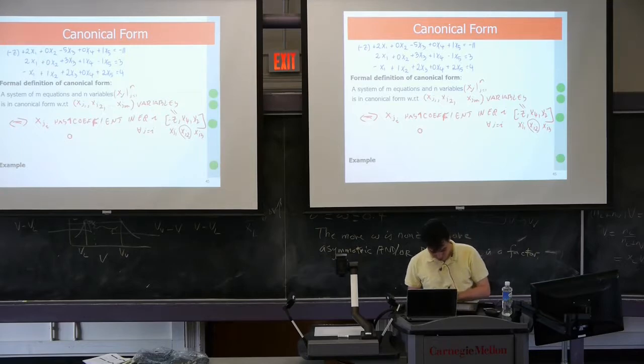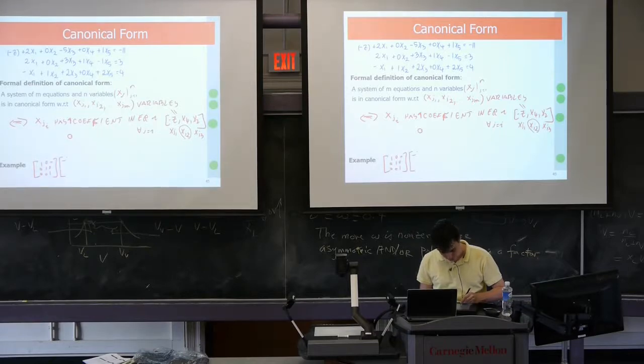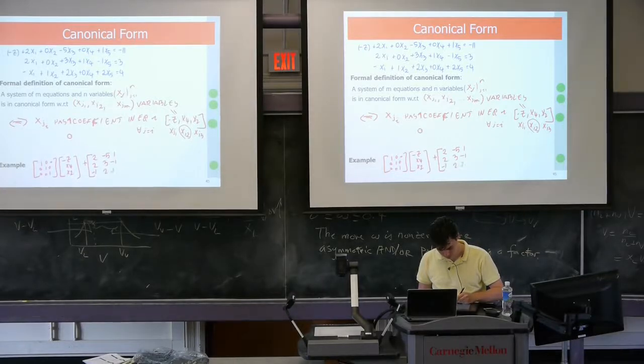And let's have an example. I can rewrite this equation this way: identity matrix times these basic variables, minus z, x4, x2, plus the non-basics, and this is minus 11, 3, and 4.